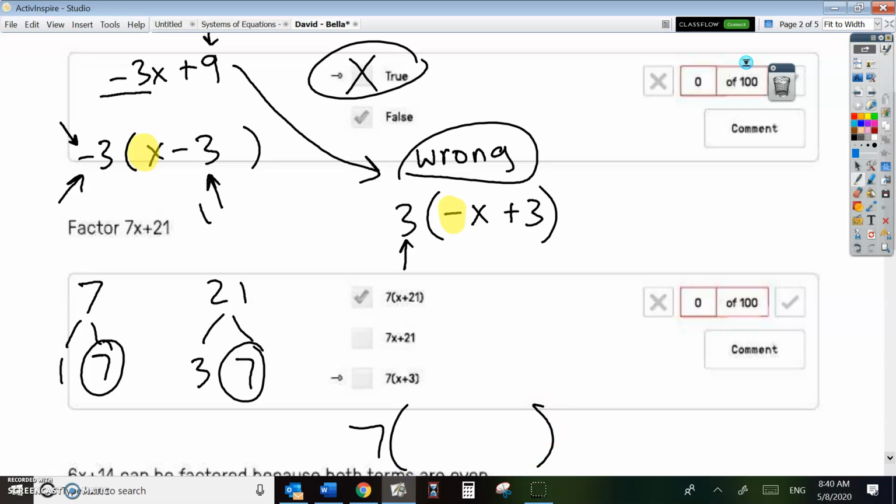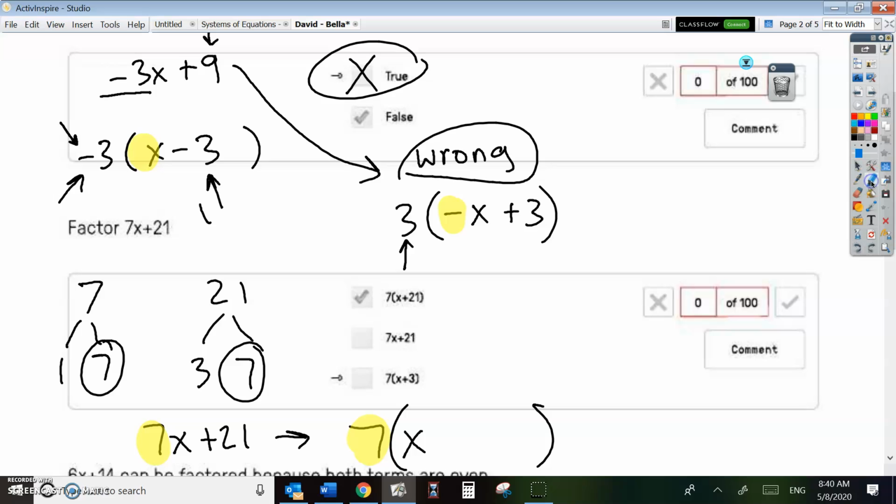And then you make a division problem. 7 divided by 7 gives you 1x. And remember, we don't normally write the 1 in front of the variable. If there's no number there, then it's a 1. You just know that it equals 1.